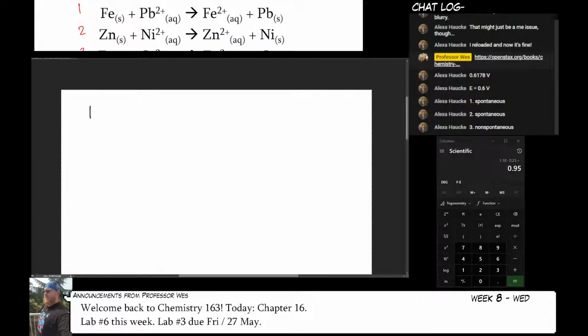So, for this first reaction, I want to write the reduction first. So, lead is being reduced, and iron is being oxidized.